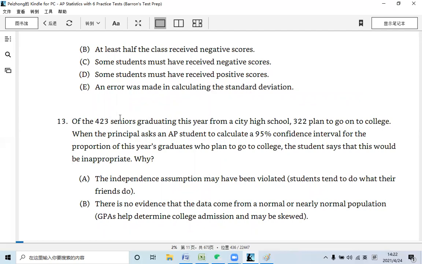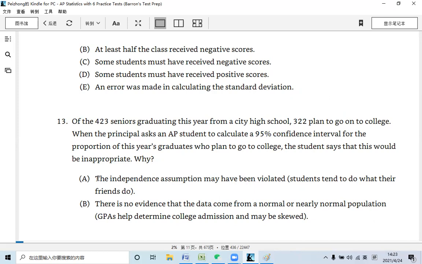All right. So this is the number of students, and you can calculate the proportion, but you cannot do the 95% interval. The independence assumption may be violated.